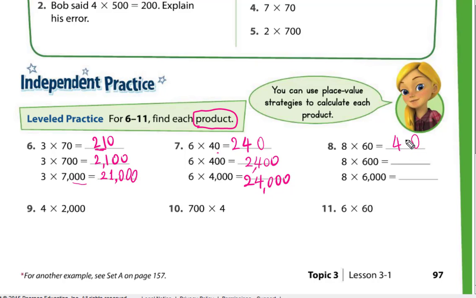So 8 times 60 is 480. Now 8 times 600. 8 times 6 is 48. And how many zeros? 2 zeros.